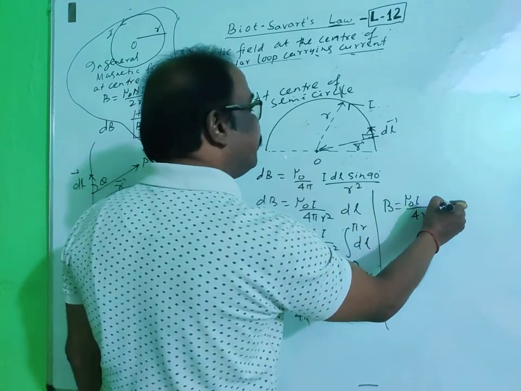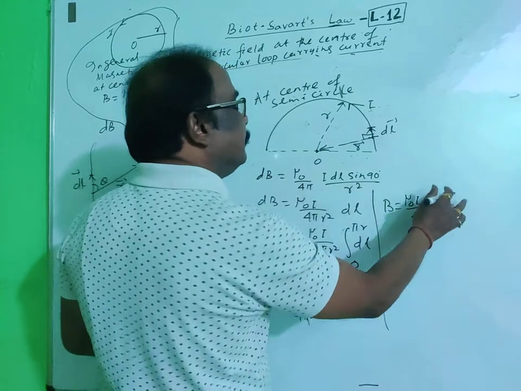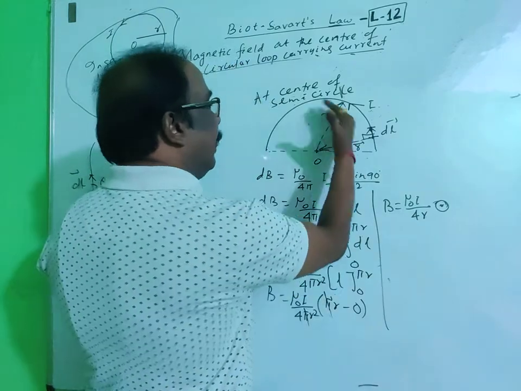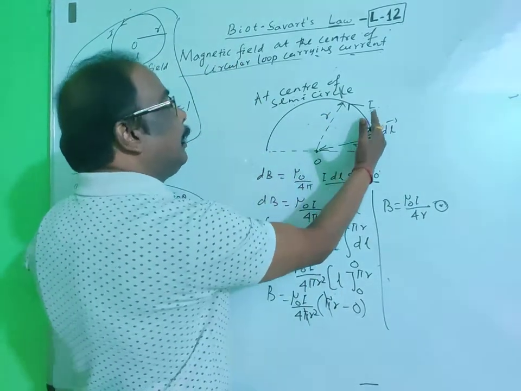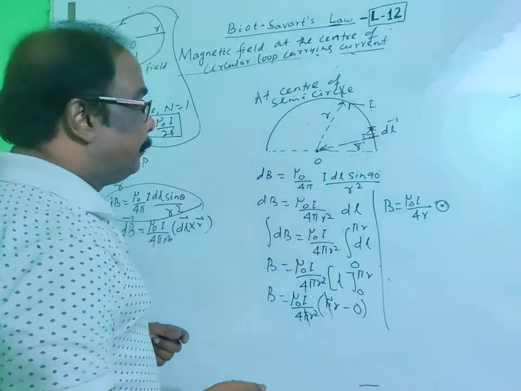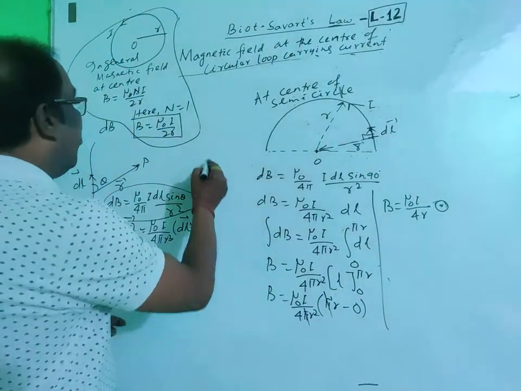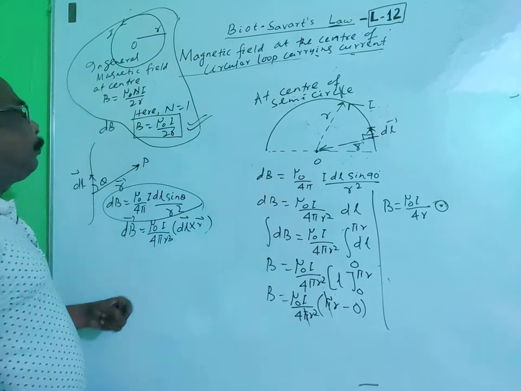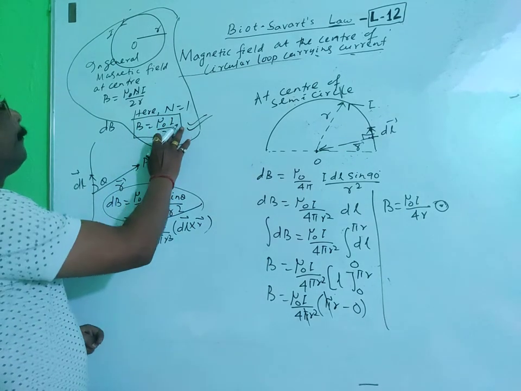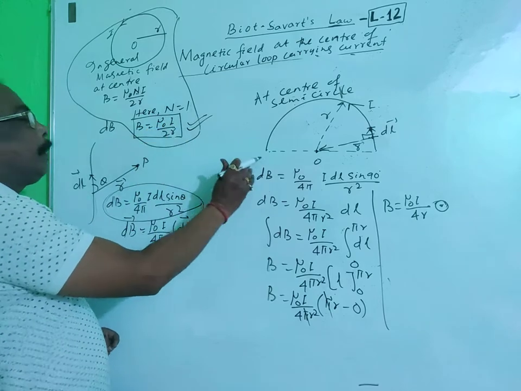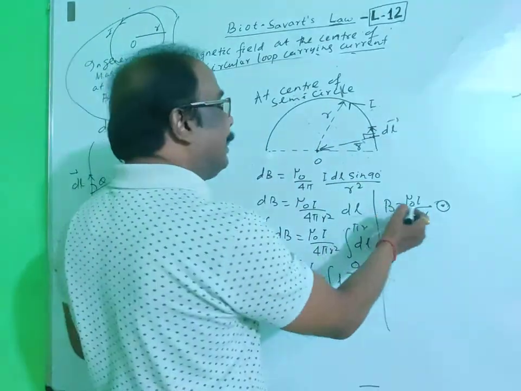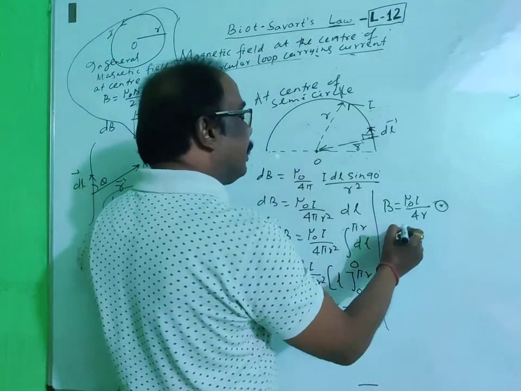Again the direction is outward. Anticlockwise, outward, or dl cross r is outward. So what is to be observed? For a total circular loop, the magnetic field is mu naught I by 2r, and here for the semicircular loop, meaning half the circle, the magnetic field is mu naught I by 4r.